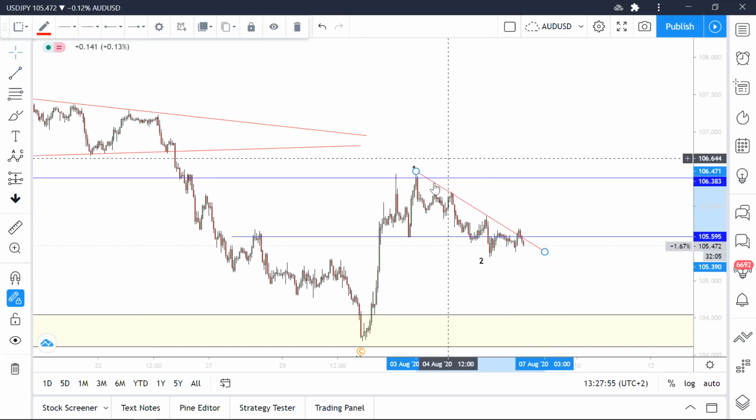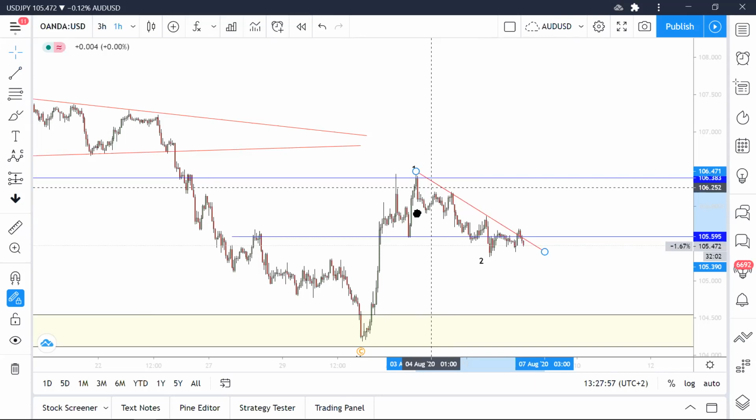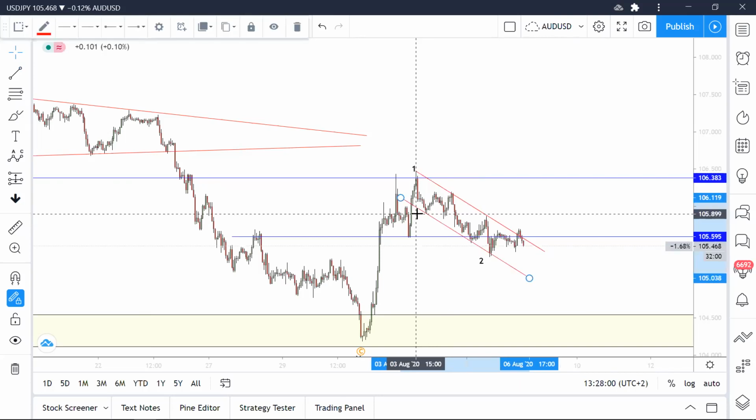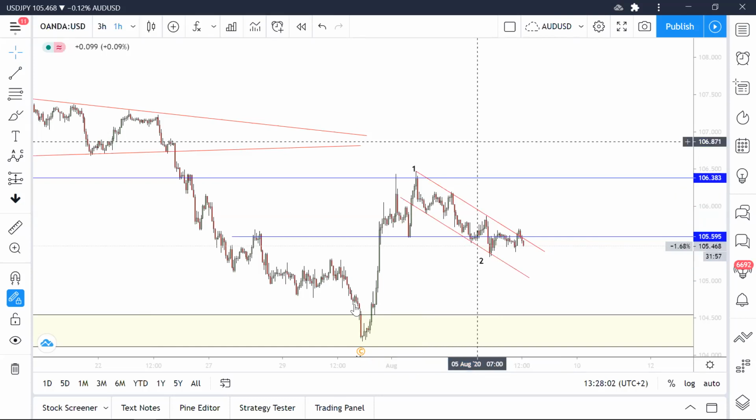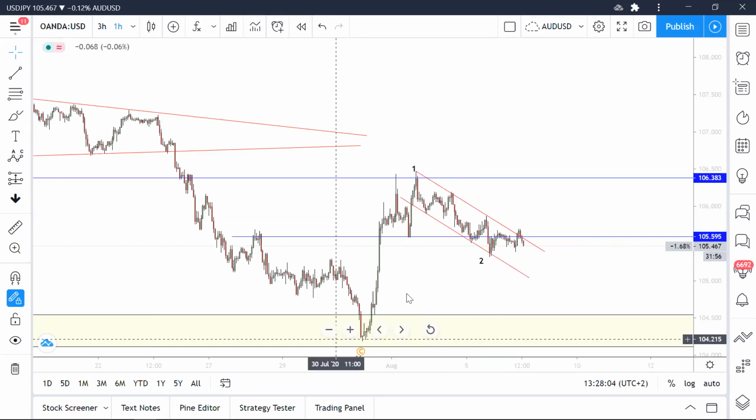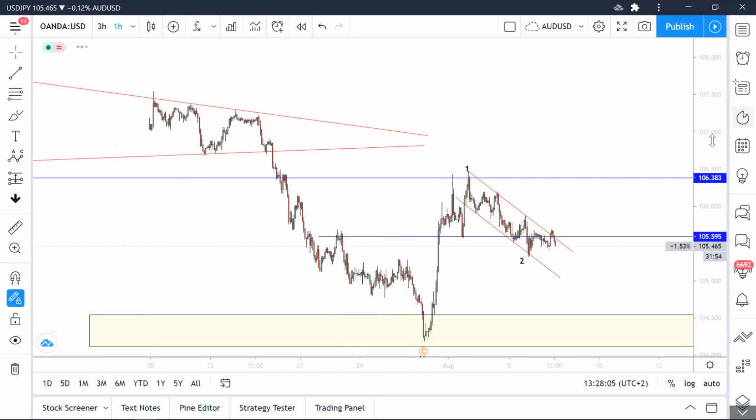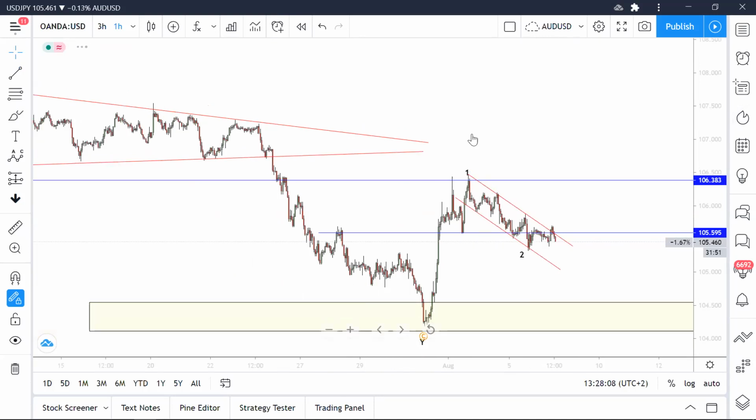And what you can also have here is another trend line at the bottom, which makes up this channel over here. This is just similar to a flag. So you have this impulse, correction, then you're looking for another impulse.